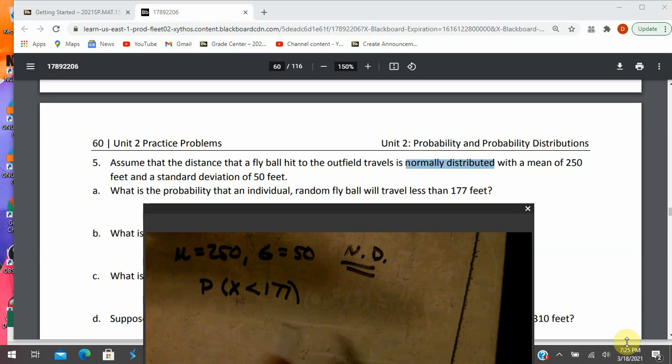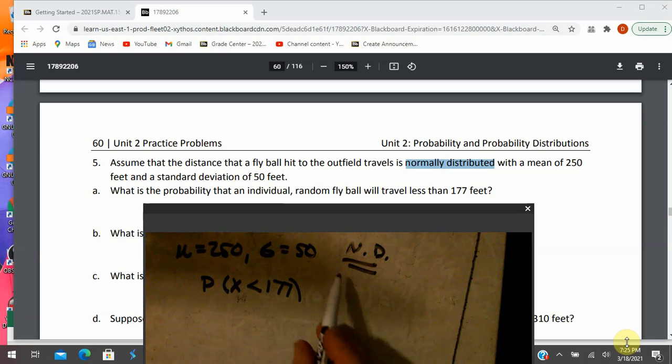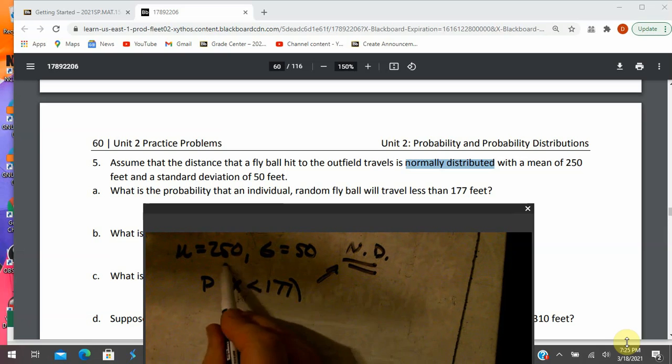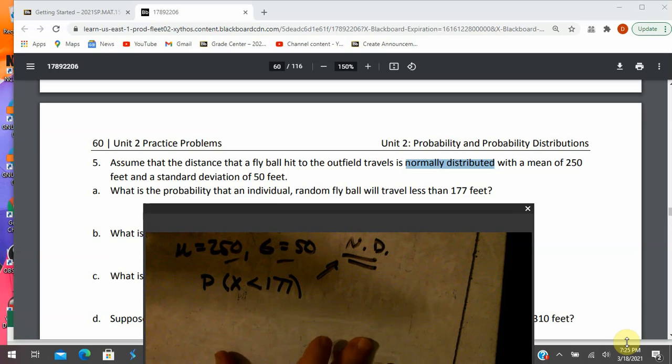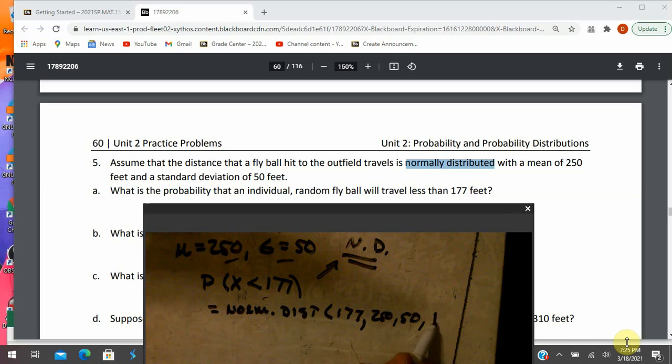A random pick of all of the distances, put them in a bag, pull out what would be less than 177. This normal distribution with this and this gets us to it, to the left. Here's the number, the mean, standard deviation, and then we always do 1.